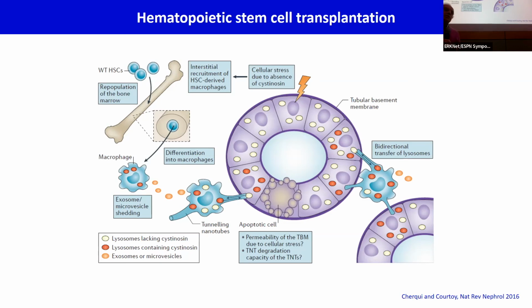And what she observed is that the improvement in cystine content was really disproportionate to the number of engrafted cells in the kidney, suggesting that these engrafted cells had a paracrine effect and could rescue the neighboring cells. This was the initial observation.